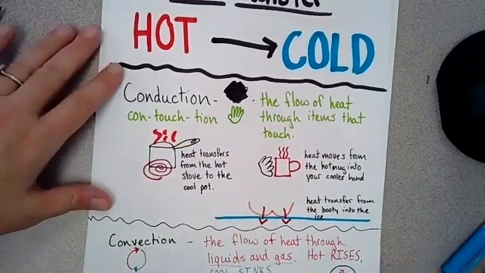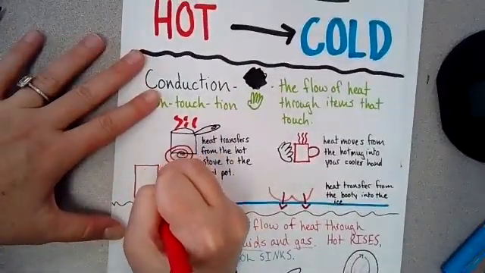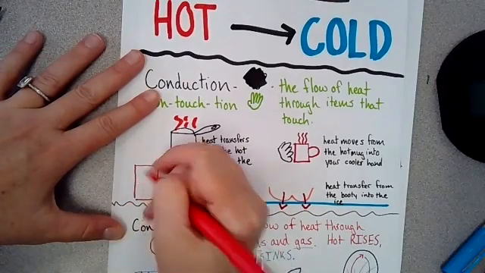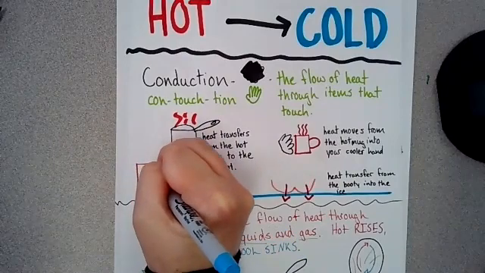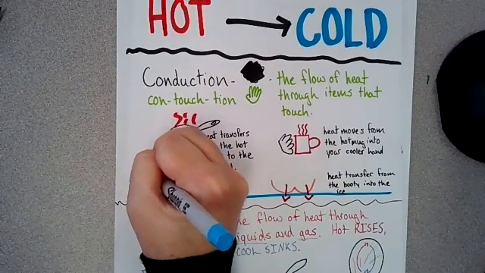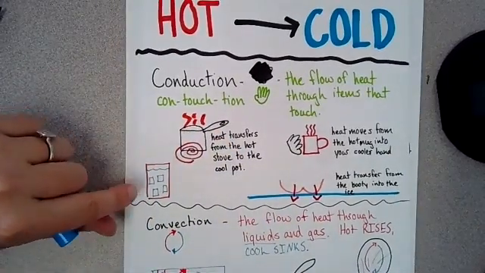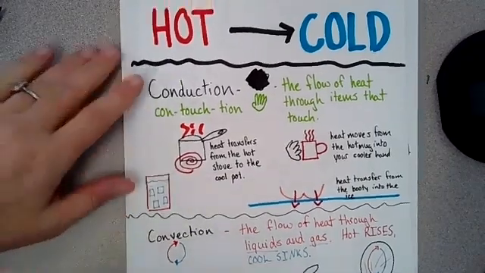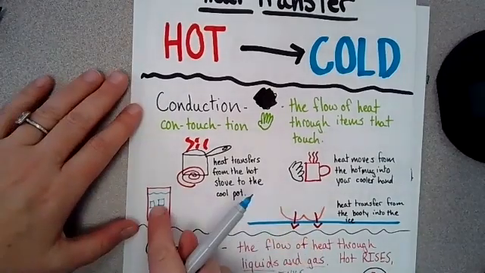Same thing with a soft drink. If you've got a soft drink, here we'll draw it, and you were lucky enough that your soft drink has ice in it. Let's say this is your drink. When this ice melts, it's because the heat from the drink is moving into the cup, into the ice.